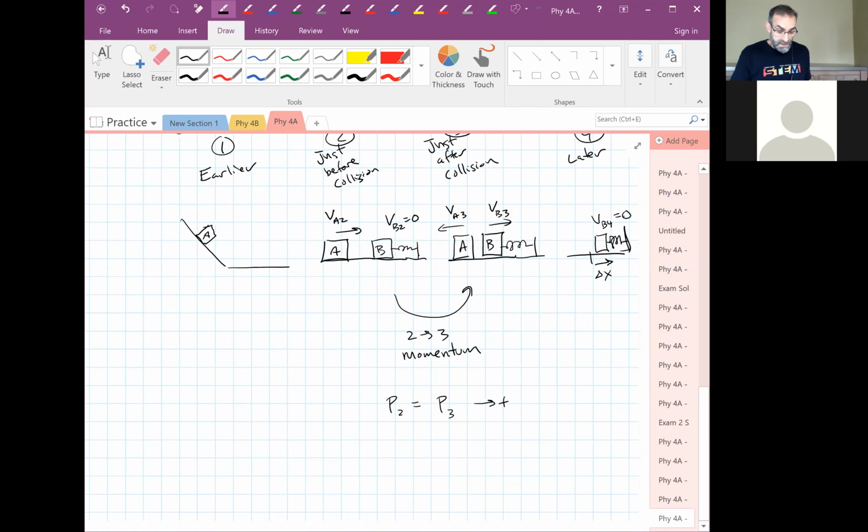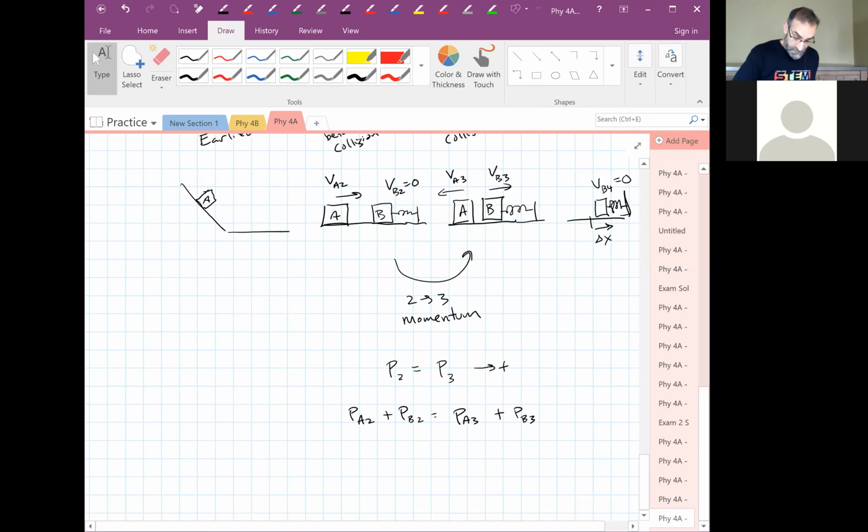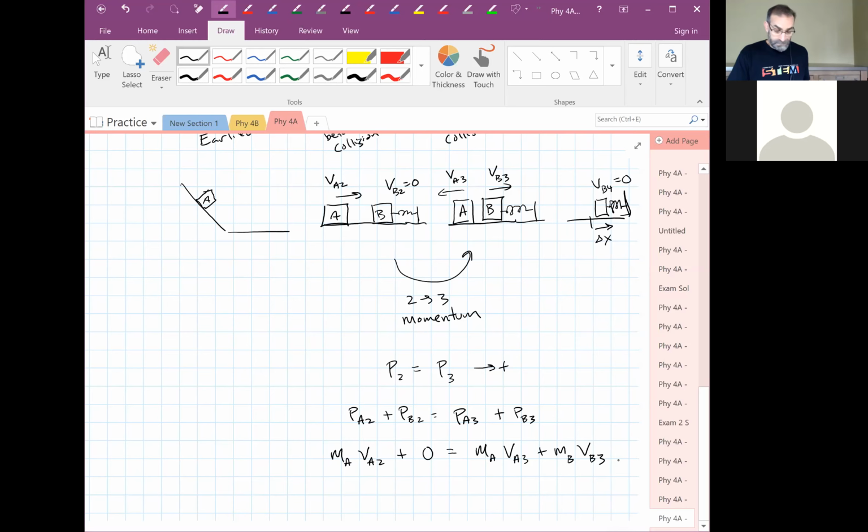So I've got the momentum of A at time 2 plus the momentum of B at time 2 equals the momentum of A at time 3 plus the momentum of B at time 3. So far, so good. We've got our equation.